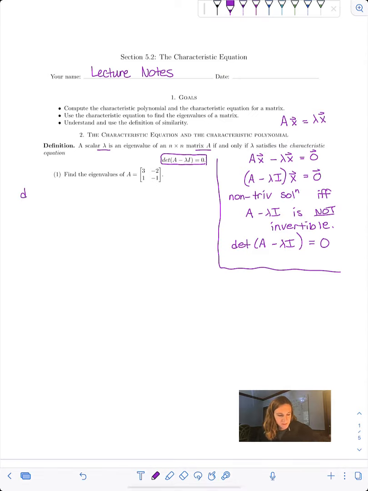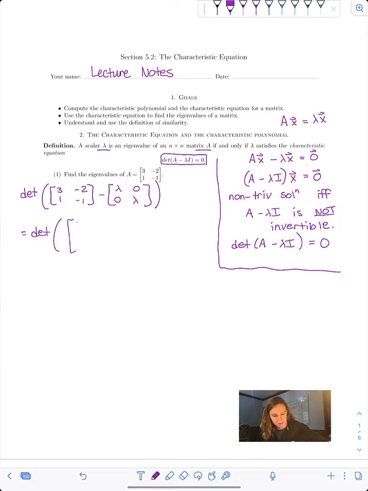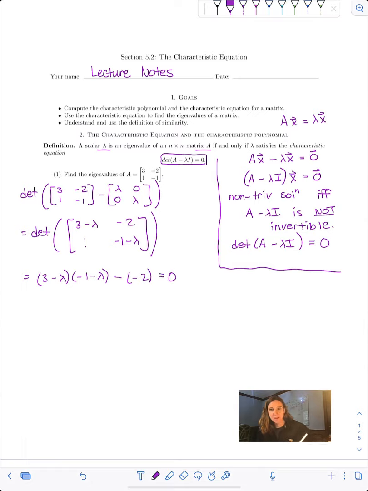So if we take the determinant of our matrix minus lambda times the identity, which just looks like lambdas on the main diagonal and zeros elsewhere, then let's go ahead and subtract this out. We have 3 minus lambda, negative 2, 1, and negative 1 minus lambda. And that equals, we multiply the 2 by 2 crisscross, minus negative 2, and we set that equal to 0.